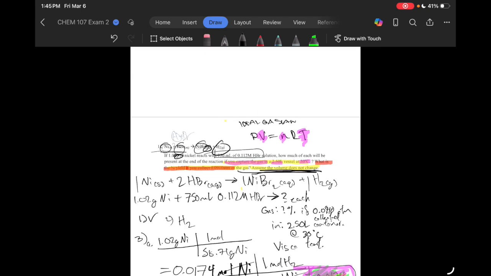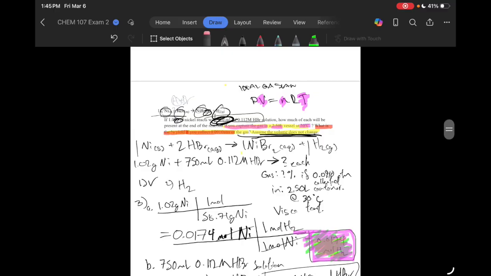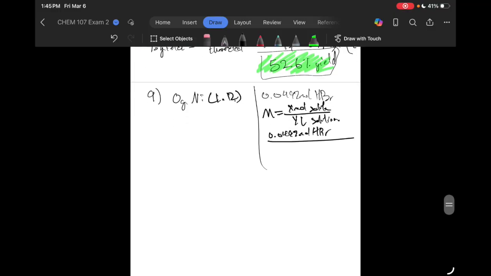So what volume do we use? Well, the one we were given, 750 milliliters. Sorry, it's getting a little bit hard to read this part right here, so I'll just go ahead and erase all of this. We were given a volume of 750 milliliters, which we need to convert to liters, which we have previously stated was 0.75 liters.